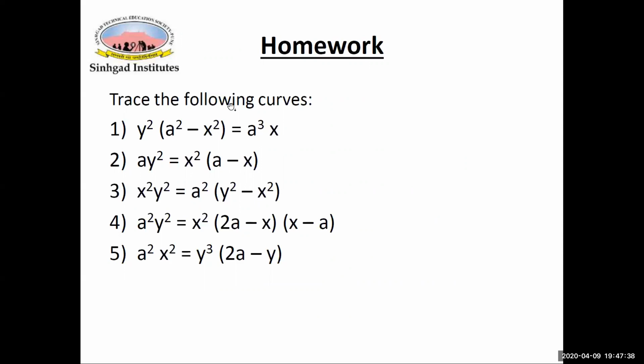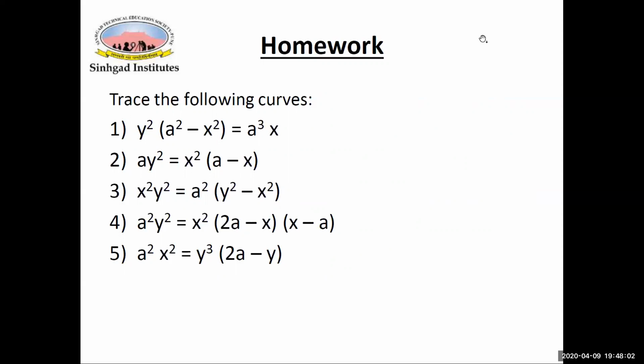If you look at this one, this is symmetric about x-axis. This is symmetric about both the axes. This is symmetric about x-axis and this is symmetric about y-axis. So likewise, you write all the points and then solve the questions.